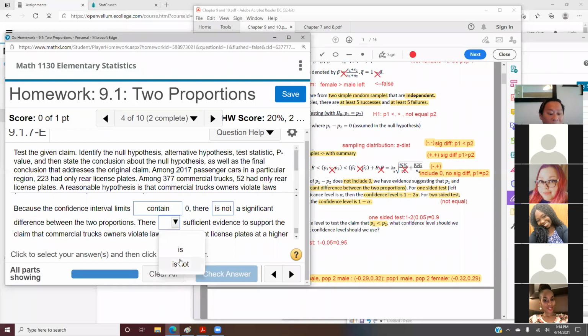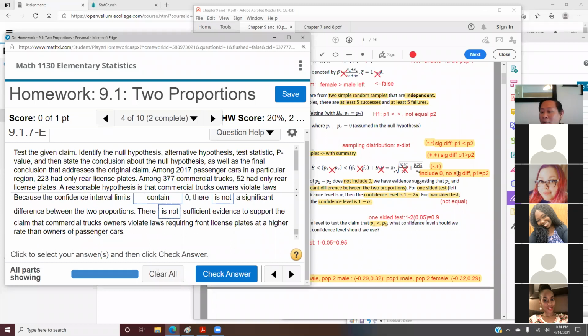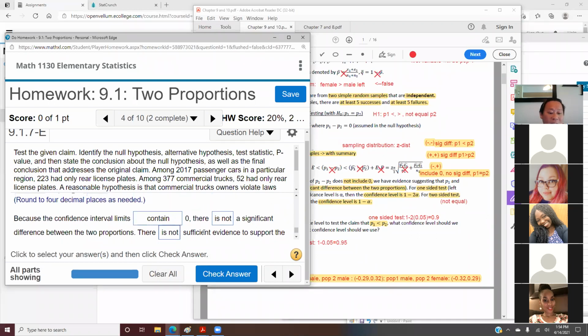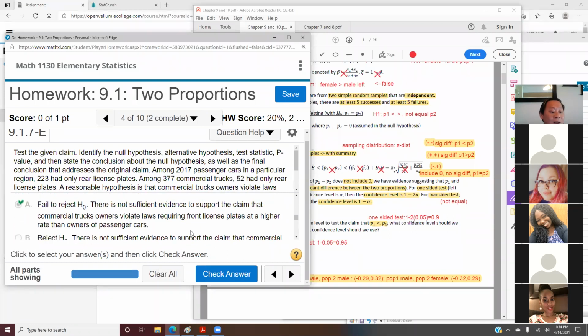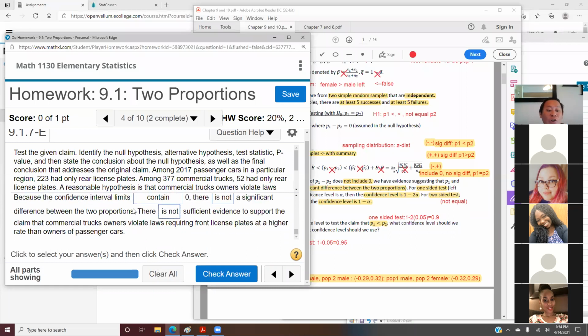So there is not sufficient evidence to say that this is higher than that. It's the same conclusion you make here, where you say there is not sufficient evidence to support the claim. See that? So this and this should match.